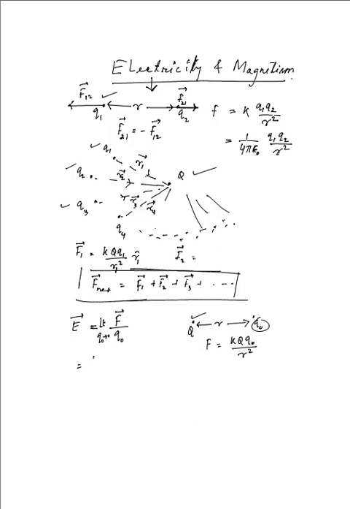I just set the limit q0 tending to 0. Now with that limit available, 1 by q0 is present over here. For the force, I just keep kQq0 divided by r squared. In case of vector we have r cap, that is the direction along which the force acts, and the q0s can cancel out each other. Setting the limit q0 to 0 doesn't make much of a difference.